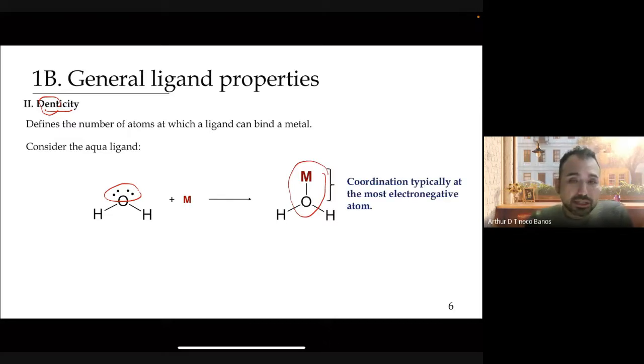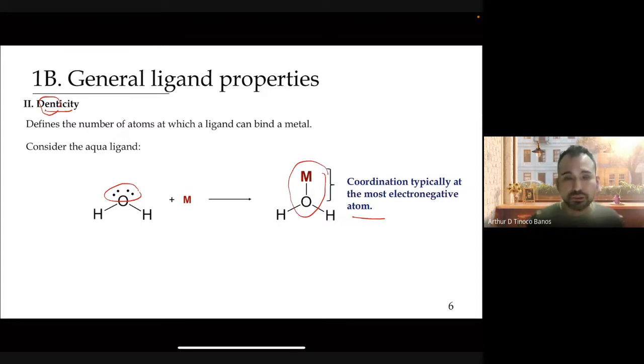Here I just want to give a little bit of an indicator of how you can generally predict where you're going to see the interaction. Coordination typically can occur at the most electronegative atom. That's not always the case, but when we're generally starting to characterize coordination compounds, that's where we should draw our attention.